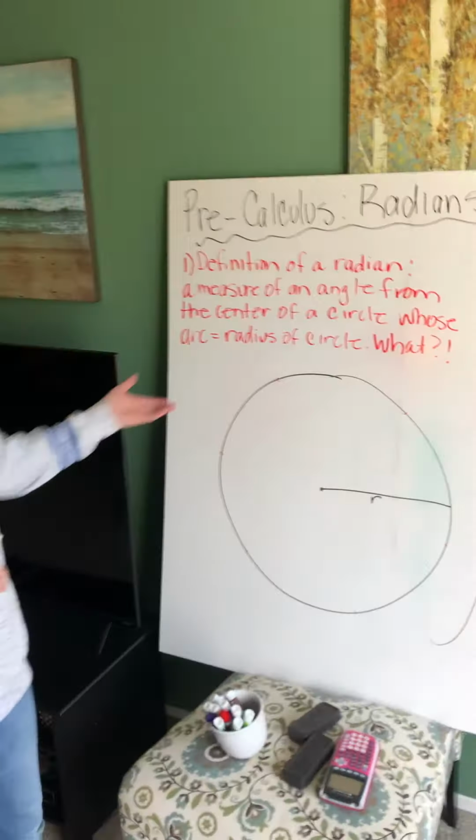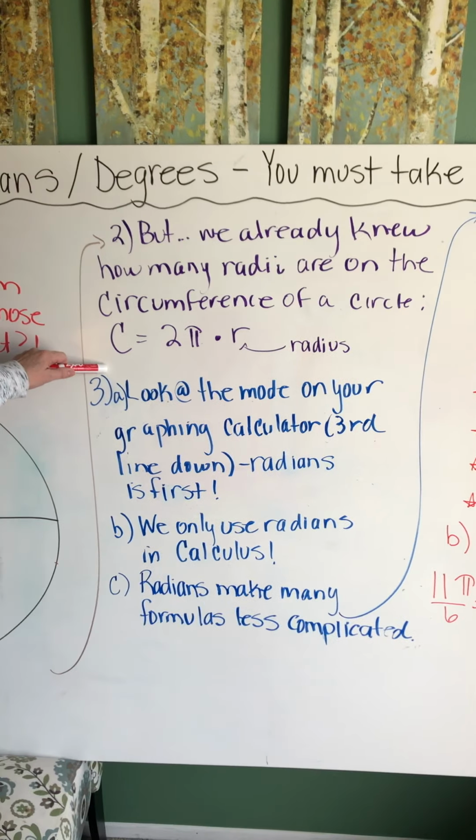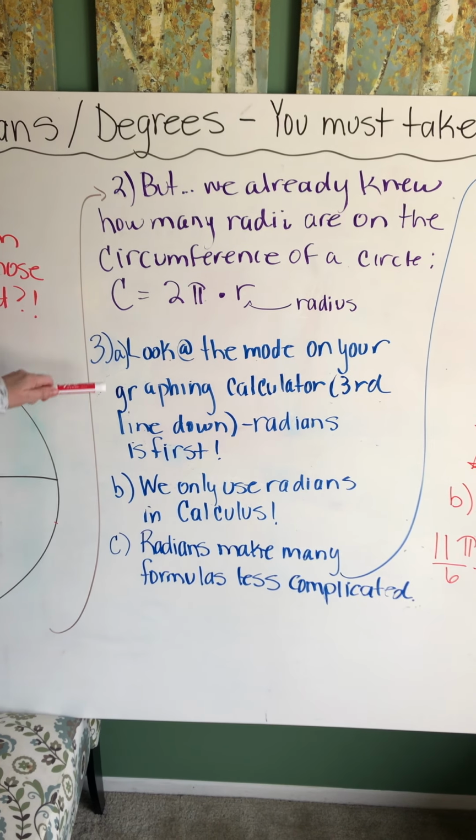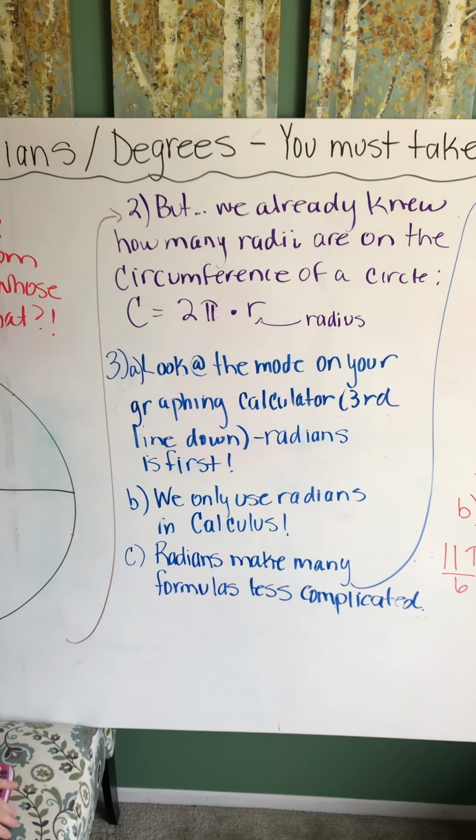A radian is another way to measure an angle. You were taught degrees, and degrees are wonderful, but radians are actually very useful in many ways. Just so that you believe me and pay extra attention, let's look at number 3 real quick. Let's look at the mode on your graphing calculator.